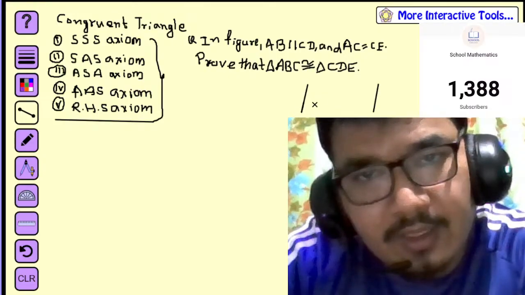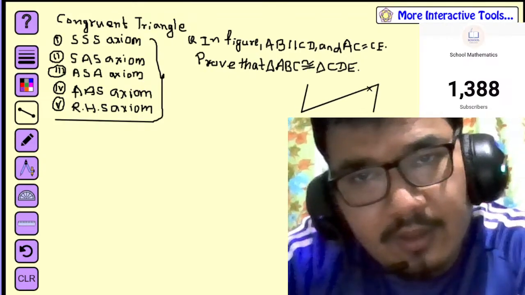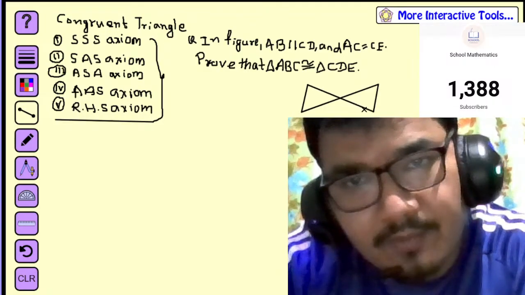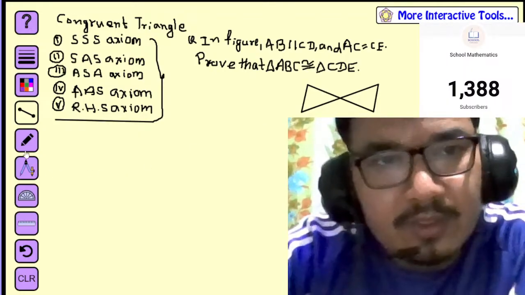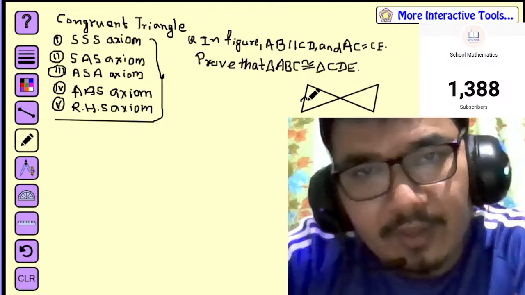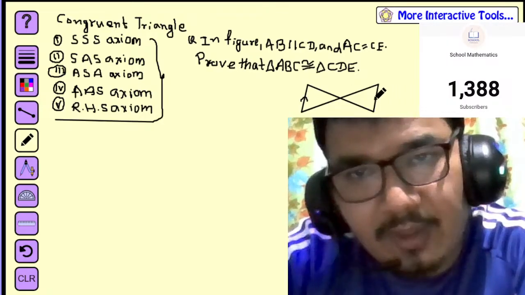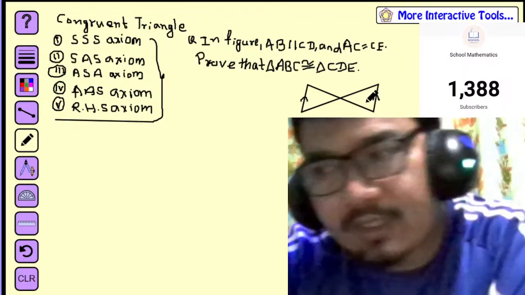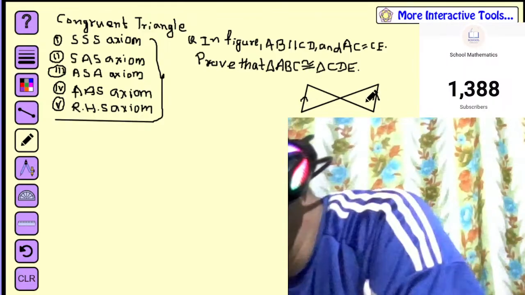This side is joined, and this also is joined here. Over this there is an arrow drawn, which means these two sides are parallel.